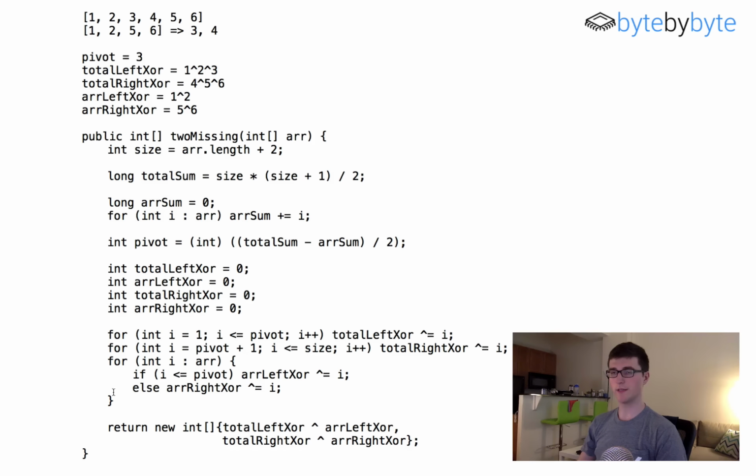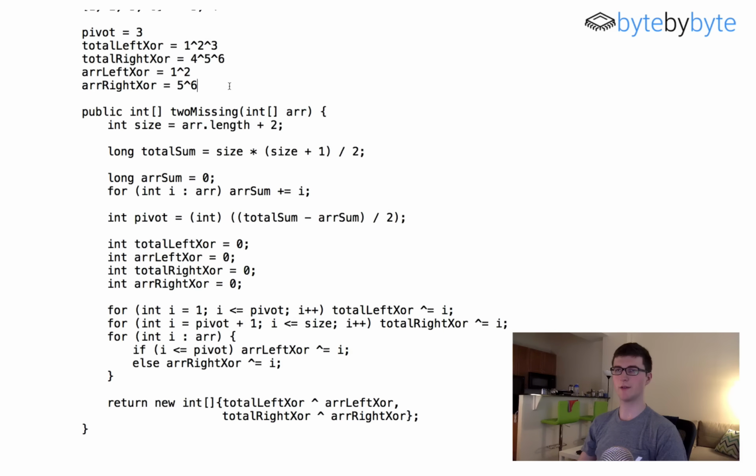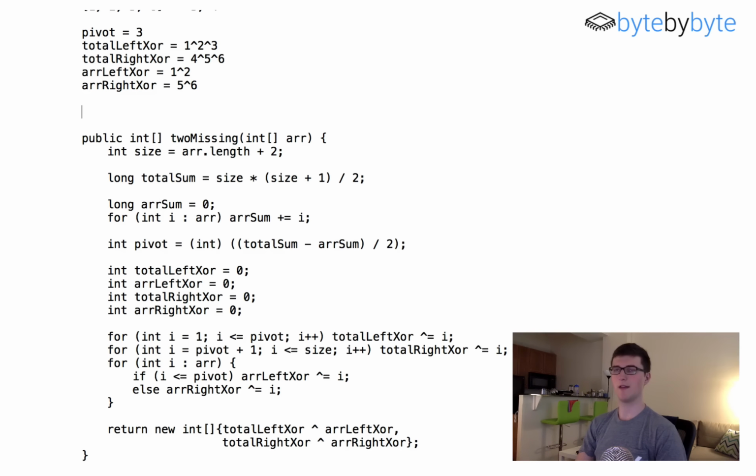Then we are going to come out here and we're just going to XOR them together, right? So we're going to XOR this with left XOR. So we end up with 1 XOR 2 XOR 3 XOR 1 XOR 2, and we get 4 XOR 5 XOR 6 XOR 5 XOR 6.